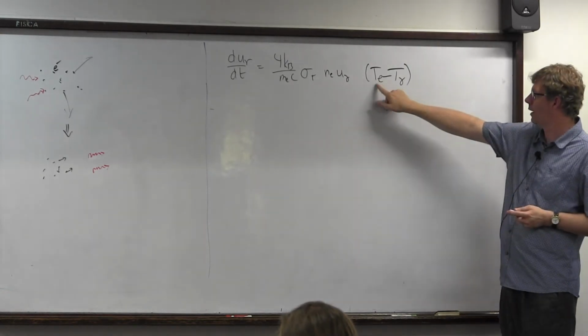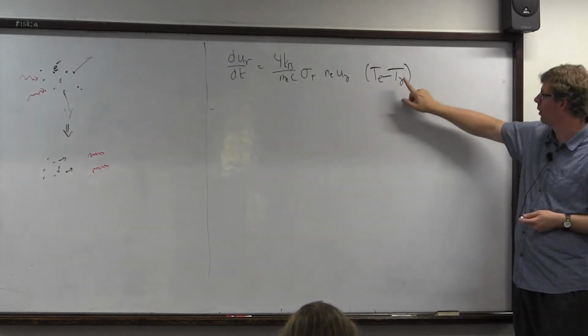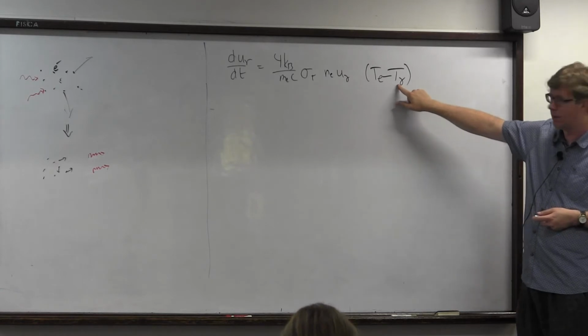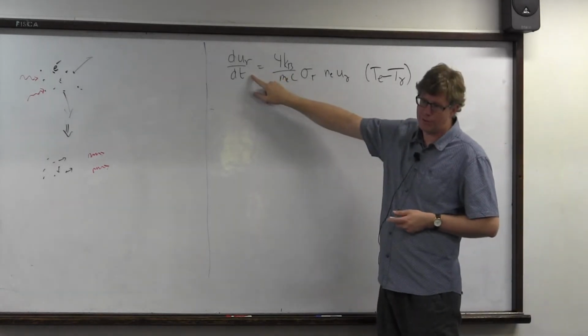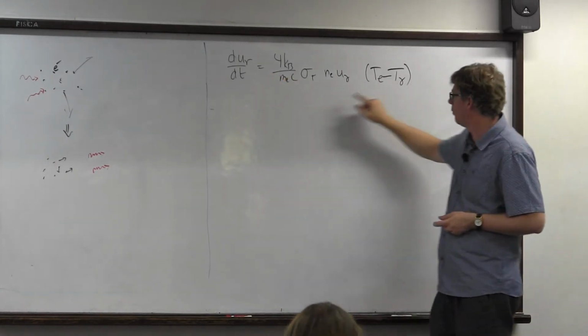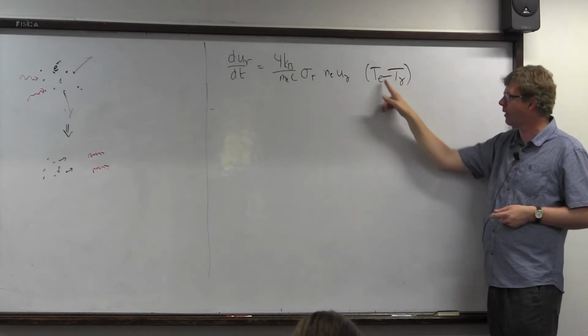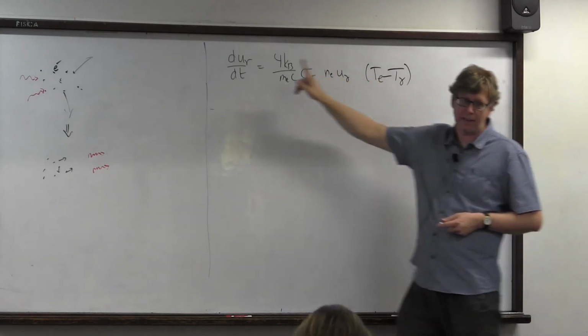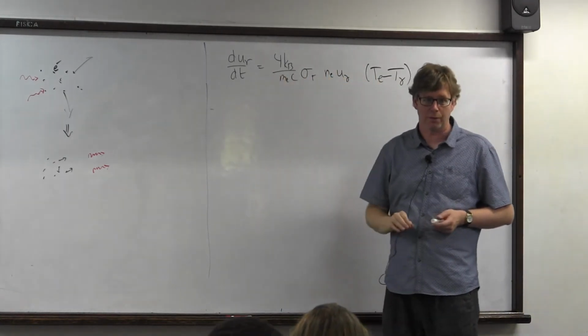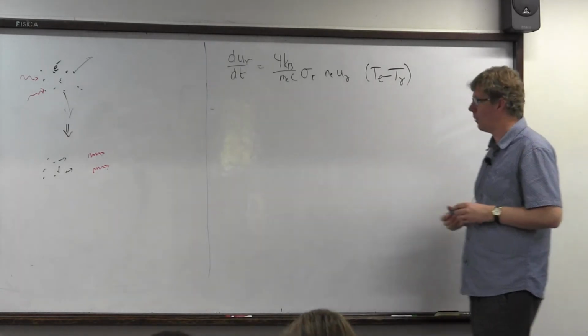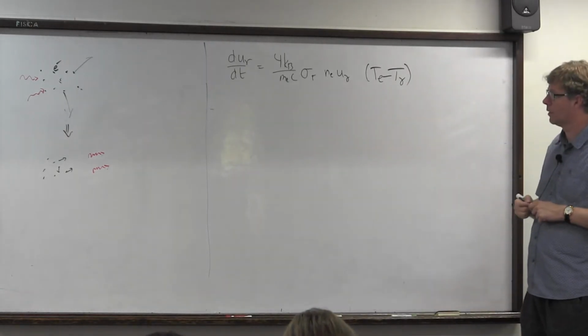So you see, if the electrons have higher temperature than the photons, then this is a net gain of energy for the photons. If the photons have higher energy than the electrons, then this is a net energy loss for the photons. So this is the energy loss equation for photons.